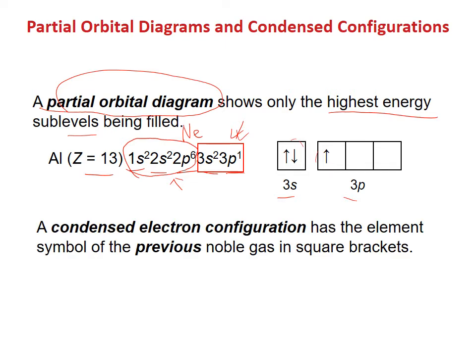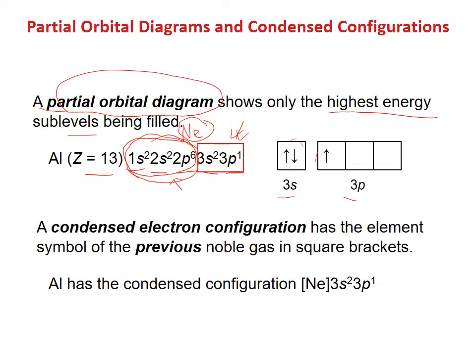A condensed electron configuration has the element symbol of the previous noble gas in square brackets. We already know the inner shell electron configuration is the configuration of neon, and therefore we can simplify the electron configuration of aluminum like this: bracket neon.